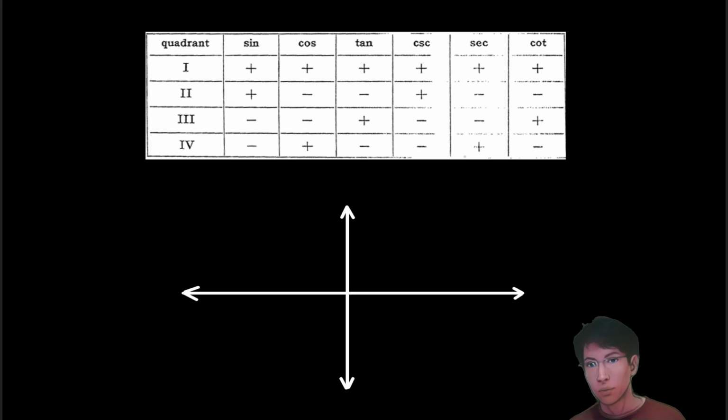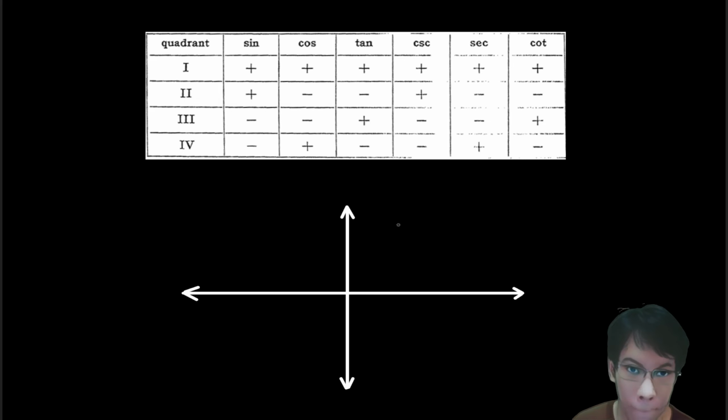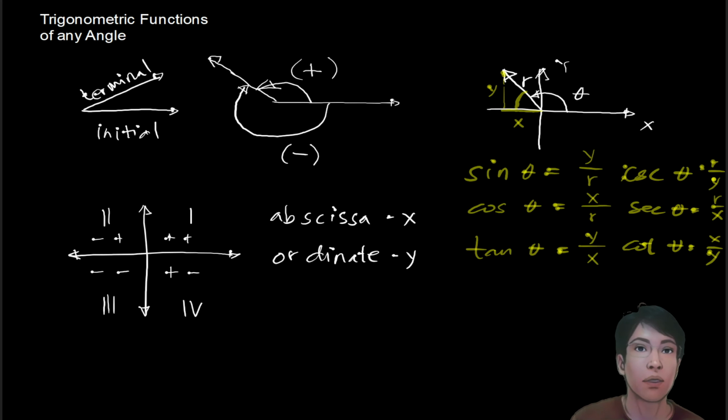You don't have to memorize this, but understand how you got this by understanding that sine theta is y over r, cosine theta is x over r, tangent theta is y over x. So depending on the given values, you'll be able to determine which is positive and negative.